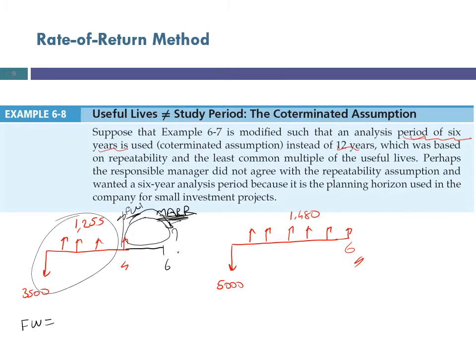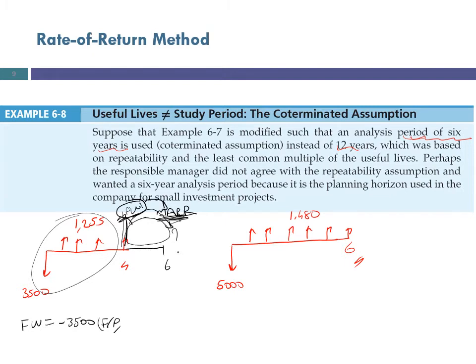For the first one, I will shift everything to a future time. So this initial capital investment, I will find its future value, F given P. Okay, let's first find the future value of this project at time 4. And then I will shift it to time 6.